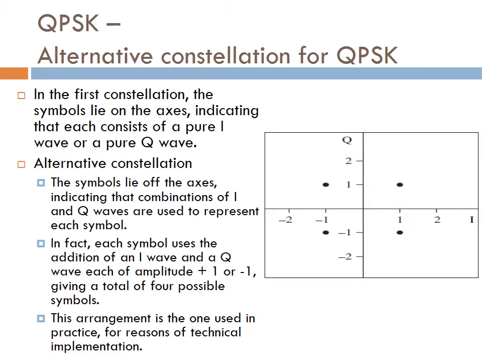In fact, each symbol uses the addition of an I wave and a Q wave, each of amplitude +1 or -1, giving a total of 4 possible symbols. This arrangement is the one used in practice for reasons of technical implementation.